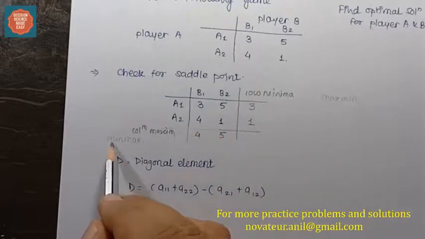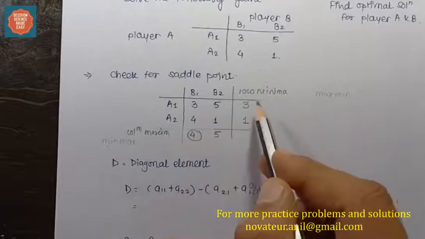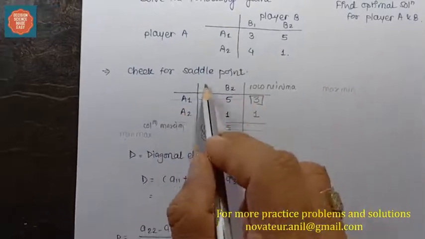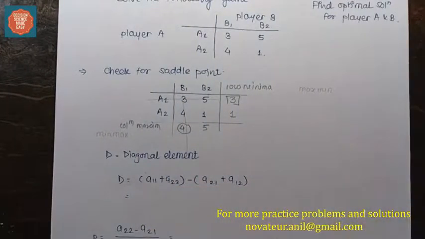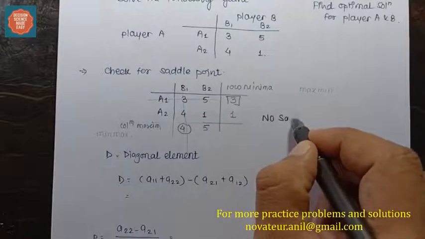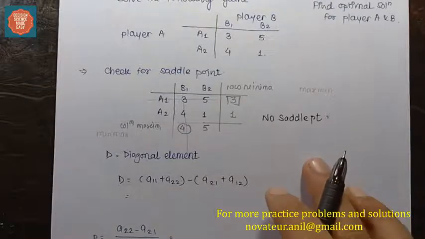Here I am going to select the minimax, so it is 4, and here it is the maximin, so I am going to select 3. Since I am not getting a saddle point, I can say that there does not exist a saddle point. Hence it becomes a pure mixed strategy.